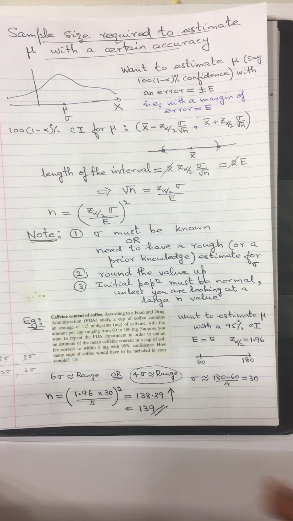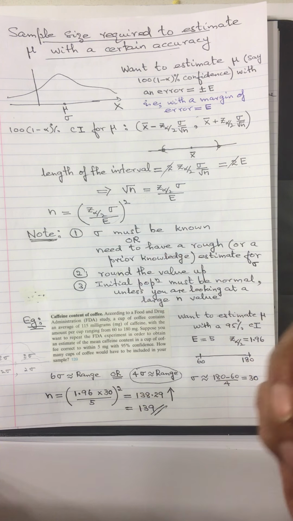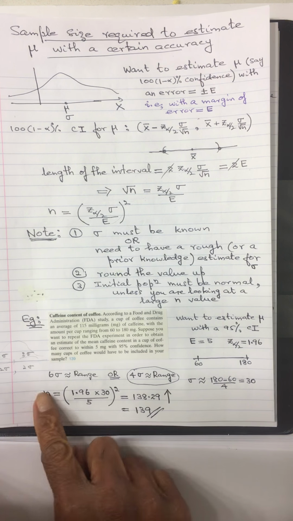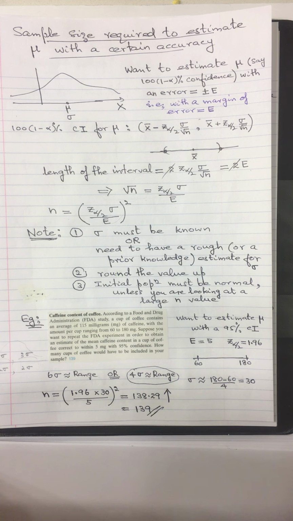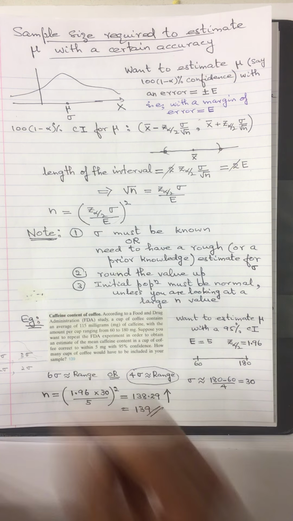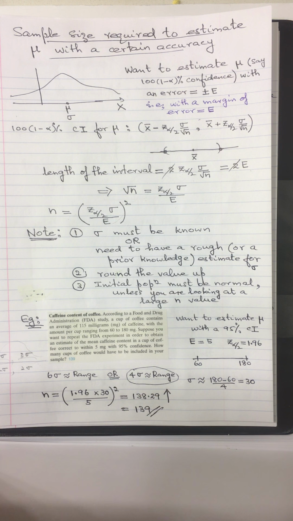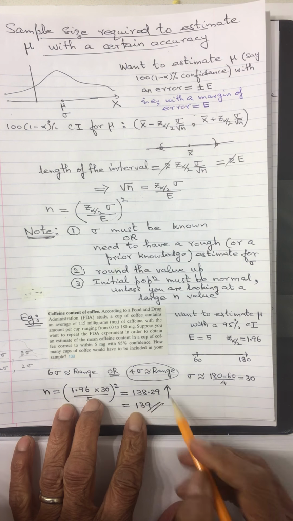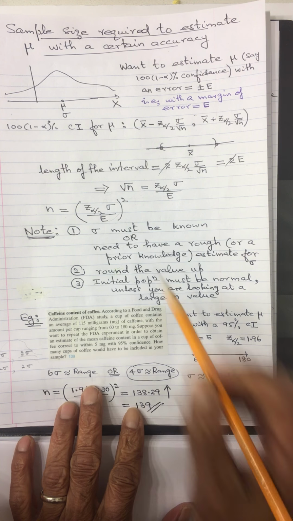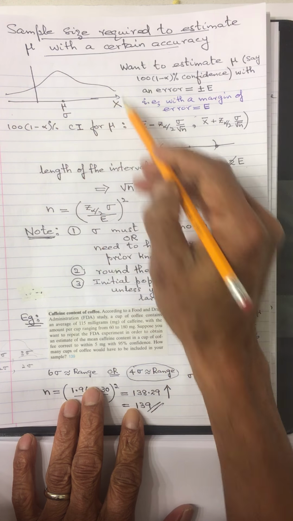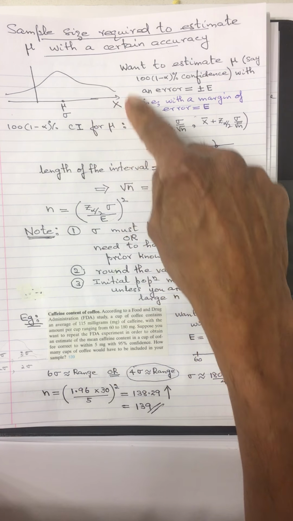Alright, so this is how you estimate the sample size required to estimate the population mean mu. In other words, we figure this out before you pull the sample. Once you figure that out, you go ahead and pull that big sample. Also remember that when you pull 139, this big sample, you really don't need normality as long as these values are continuous.